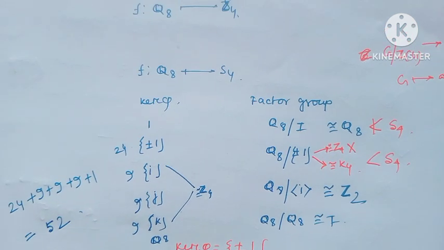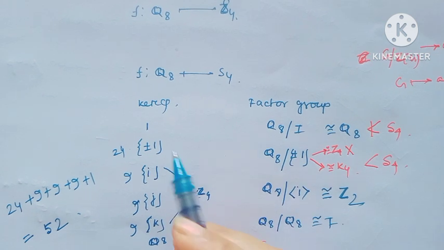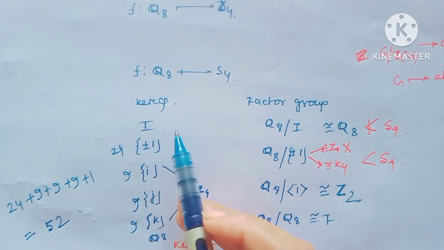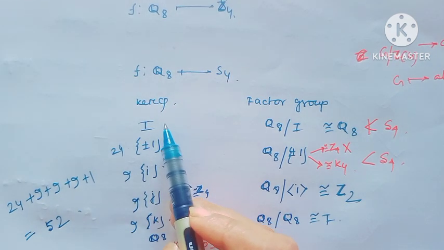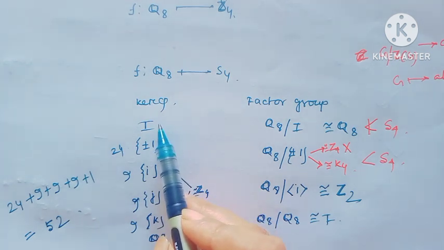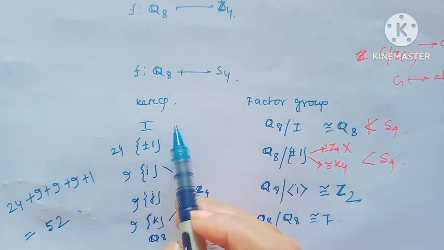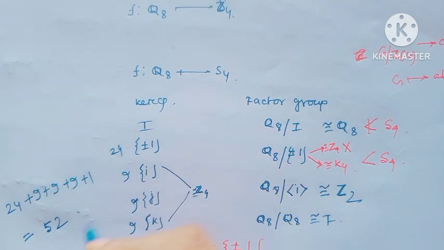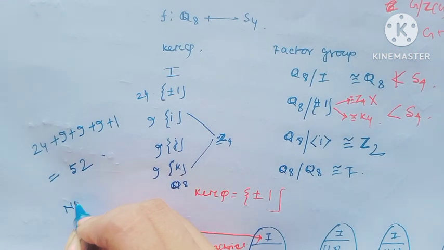Does there exist any injective homomorphism? When kernel phi is identity, then an injective homomorphism is possible. But here for kernel phi identity there exists no homomorphism. So there is no 1-1 homomorphism.